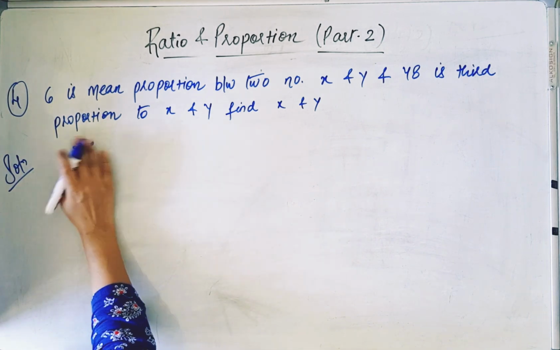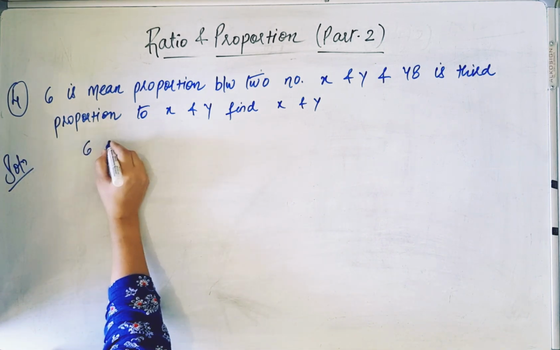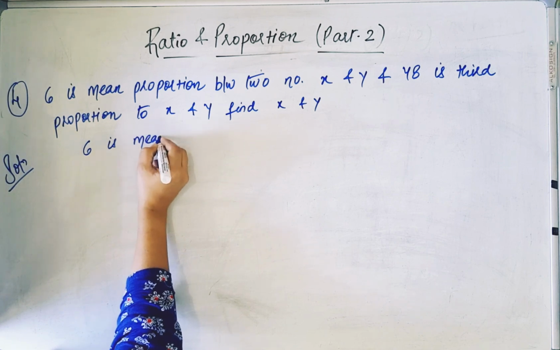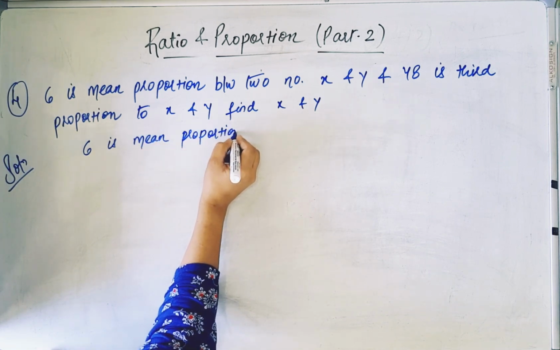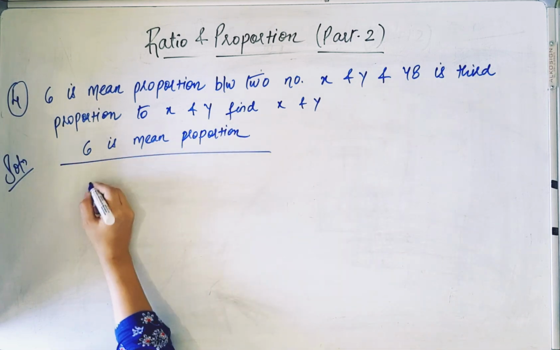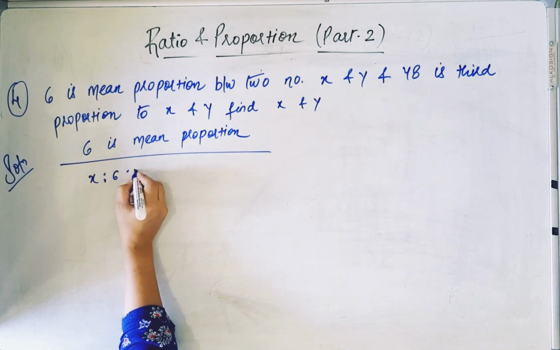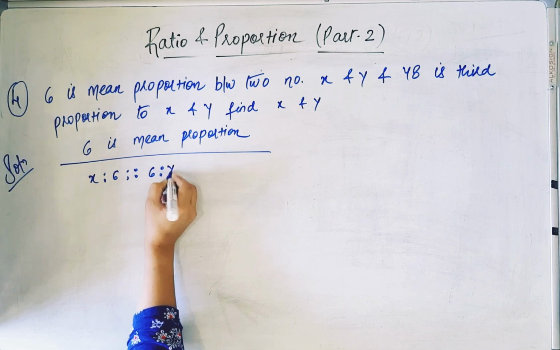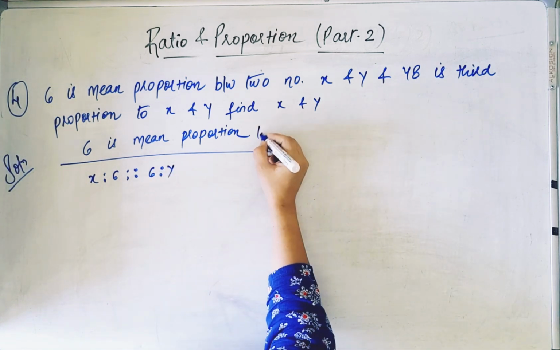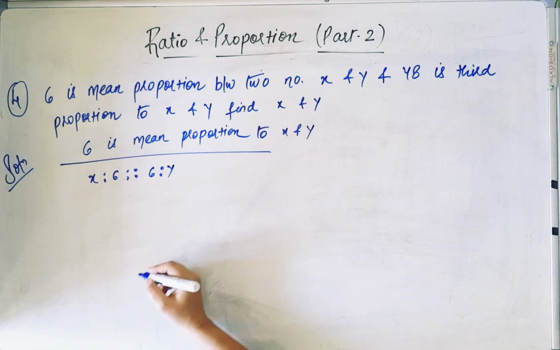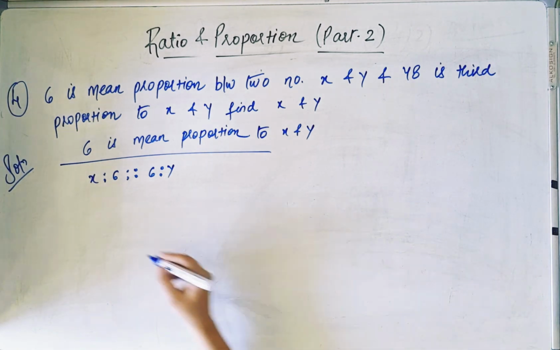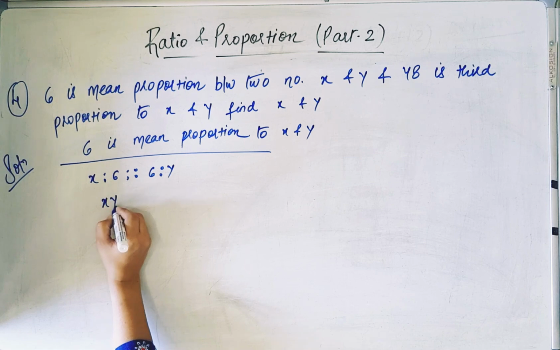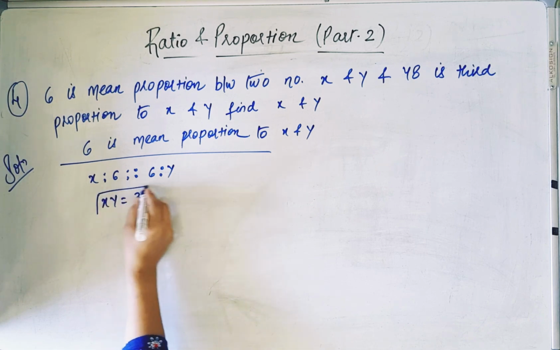If 6 is the mean proportion, यहाँ पर हम लिखेंगे 6 is mean proportion. So क्या हो जाएगा? x is to 6 as 6 is to y. तो ये condition मिली. So when we'll solve it, we'll get product of extremes equals product of means, xy equals 36.